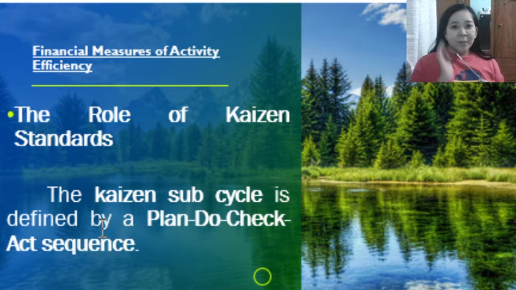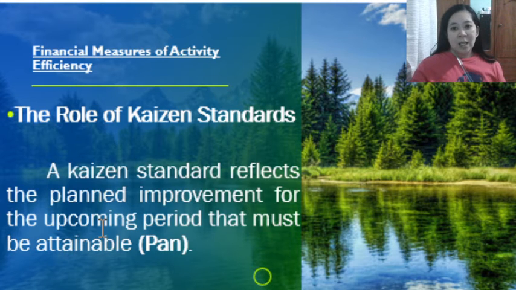When we say Kaizen subcycle, this is defined by the plan, do, check, and act sequence. Under the Kaizen standards, it reflects the planned improvement for the upcoming period, so it must be attainable. This is the plan stage.